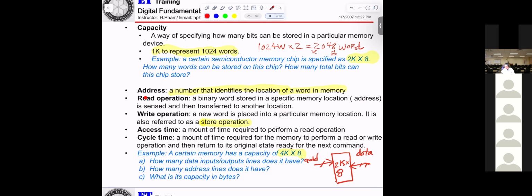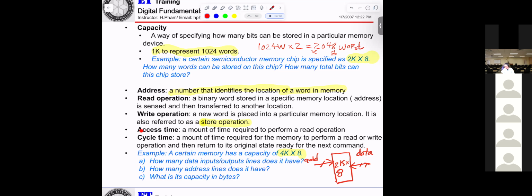Write operation: a new word is placed into a particular memory location. It is also referred to as a store operation.